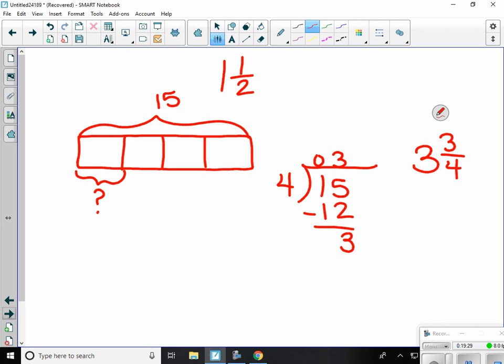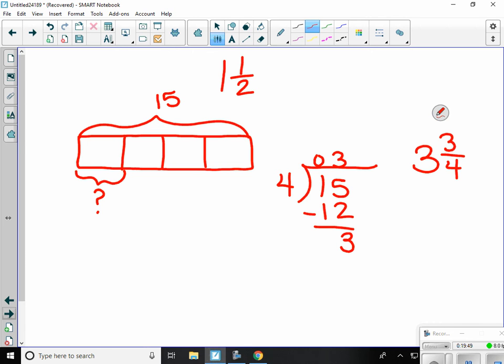So it's 3 and 3 out of 4. 3 and 3/4. So if you had a division problem, and they said, write your answer as a fraction, that's how you do it. 3 with 3 out of 4.